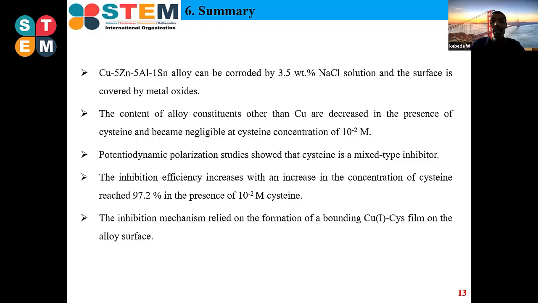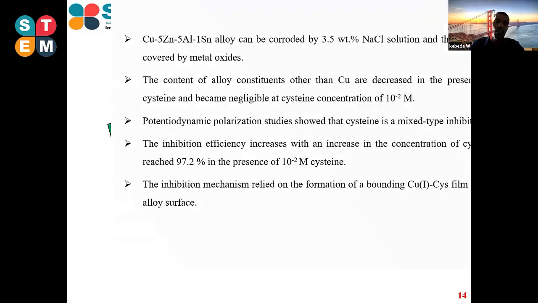Potentiodynamic polarization studies showed that cysteine is a mixed type inhibitor. The inhibition efficiency increases with increasing concentration of cysteine. The inhibition mechanism relied on the formation of a bonding copper cysteine film on the alloy surface.